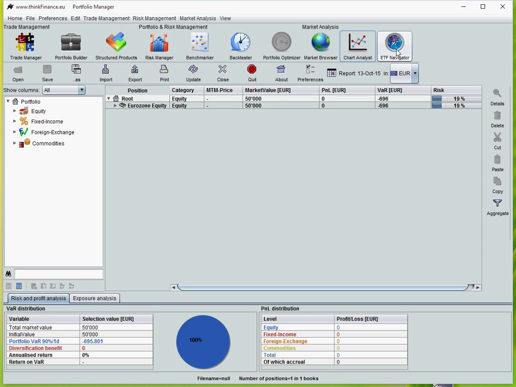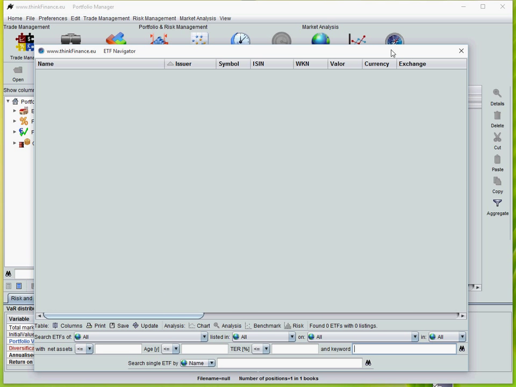So I'm going into the ETF Navigator, which is a toolbox of over 10,000 ETF listings, and it offers a variety of risk analysis and performance analysis functions. Because I'm a risk-averse investor, I'm looking for a low vol ETF as a keyword, and I'm looking for ETFs listed in US dollars.